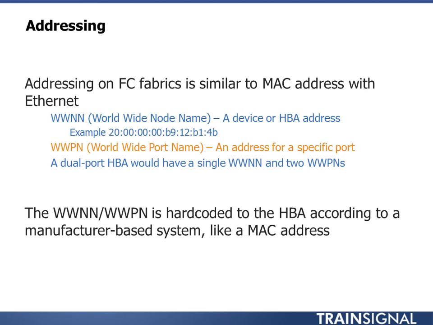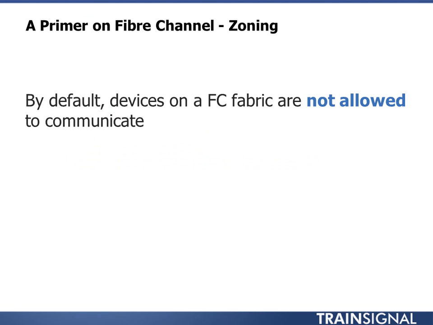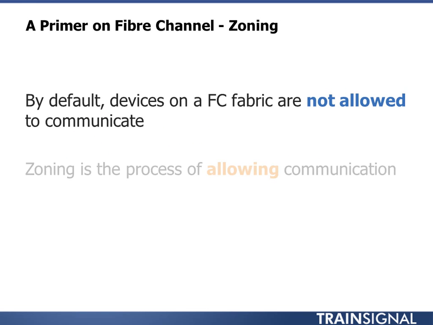Normally they are burned in, but we do have a process where we can do these via software. As I said, by default, devices on the Fibre Channel fabric are not allowed to communicate. Zoning is the process of allowing that communication. So basically, a zone contains usually the WWNN, the WWPN, the port number of that HBA port, and the WWPN of one or more ports on the storage array.